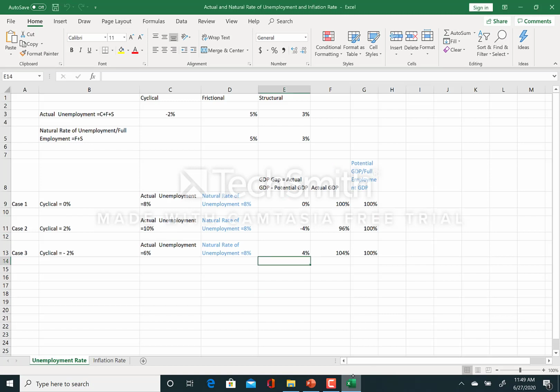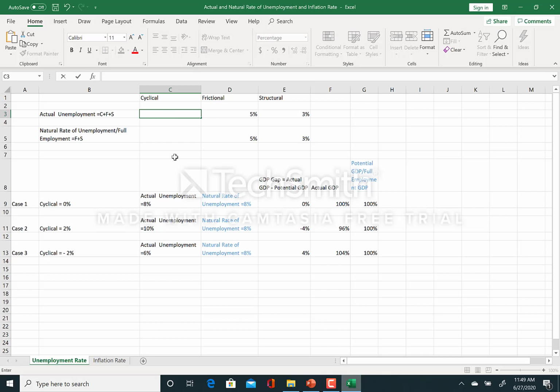It's like you are just doubling things up here. Now going to the Excel sheet here, my actual unemployment is cyclical plus frictional plus structural. The natural rate of unemployment is only frictional and structural. Now we have 3 cases when the cyclical is 0, positive, and negative.